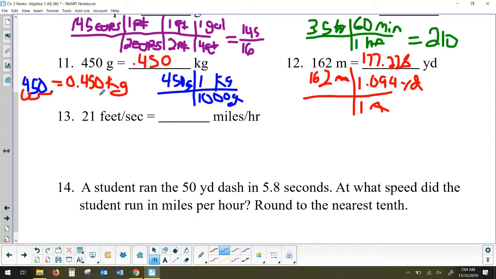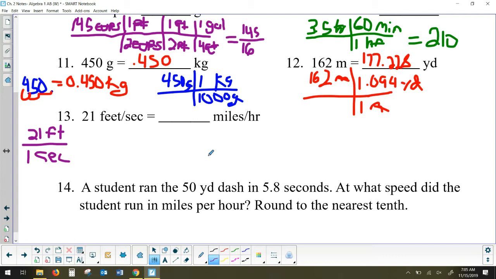Alright. Here. The first thing we have to look and see is that we have 21 feet per second. So there's 21 feet per 1 second. We have this rate. 21 feet, something over something. We want to change it to miles per hour.